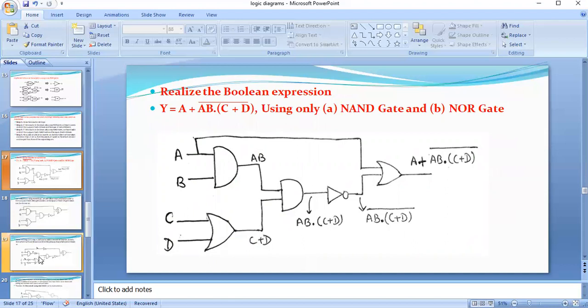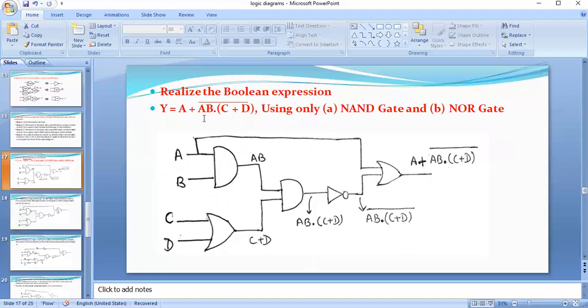In the first step, if you want to implement either using NAND logic or NOR logic, we have to draw the logic diagram for the given Boolean expression using only basic gates, meaning AND gate, OR gate and inverter. See here, AB.